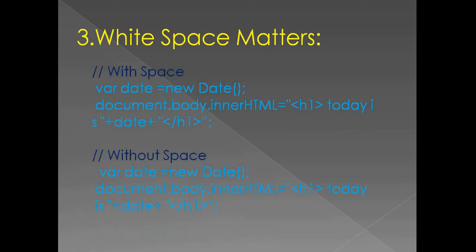Follow these naming conventions and your scripts will look pretty and be much easier to understand. Next we have our rule number 3. JavaScript does not care about white spaces, but you should. When we write JavaScript, we provide instructions in the form of statements. Each statement is a separate instruction. So for example, create a variable and add the current date to the variable, output the current date as HTML inside the body element, like that.